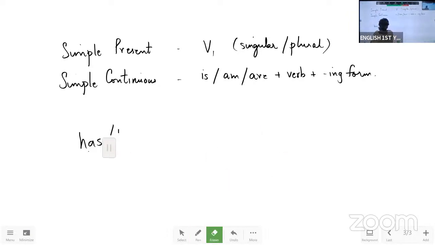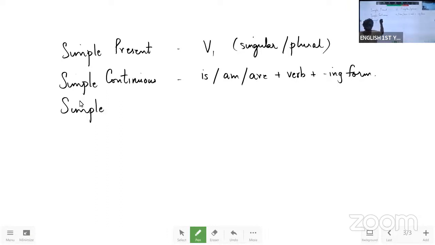So here also is, am, are. Is is singular, are is plural. Am is used with I. So is, am, are plus verb plus ing form. Next is simple perfect. Like I said, with perfect, it is always the V3.